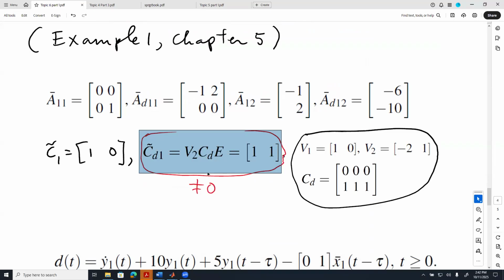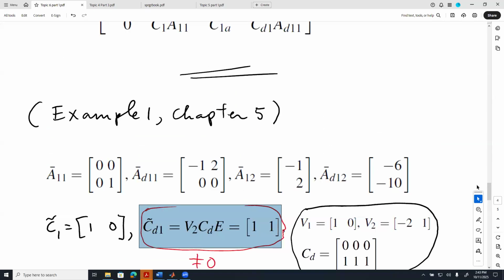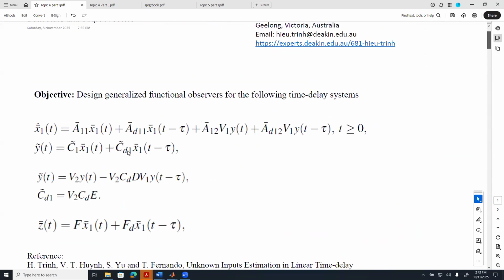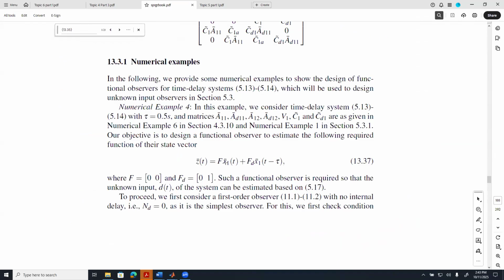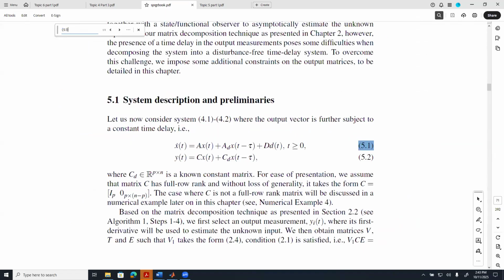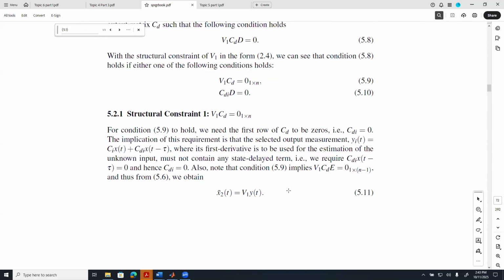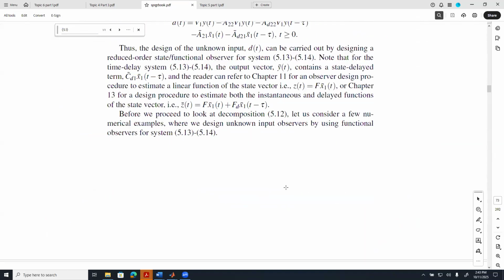Now we don't have it 0 anymore; we have it non-zero. That relates to the system that we specified here, which came from the decomposition where we look at a class of time delay system with a delay term in here. That also came from this numerical example.